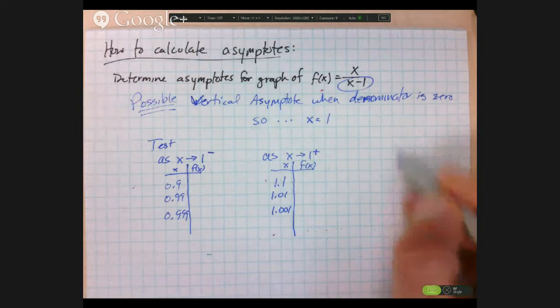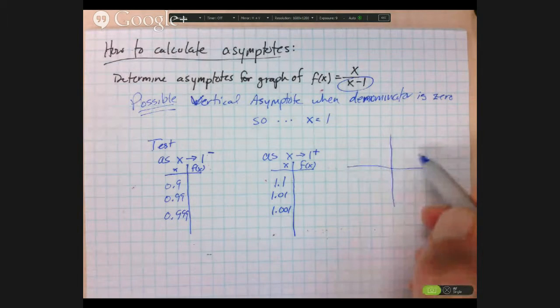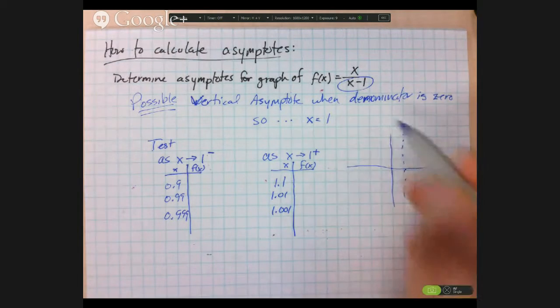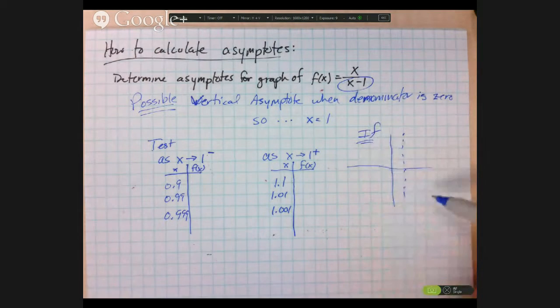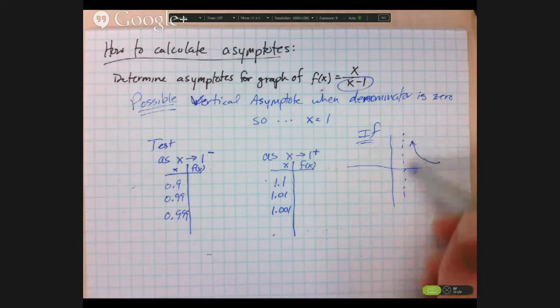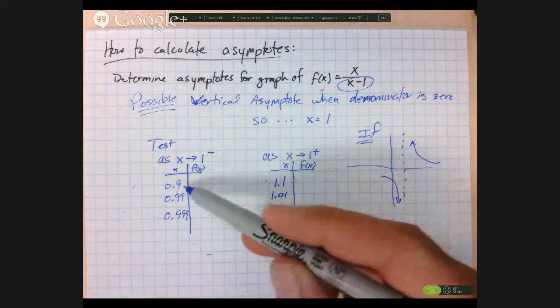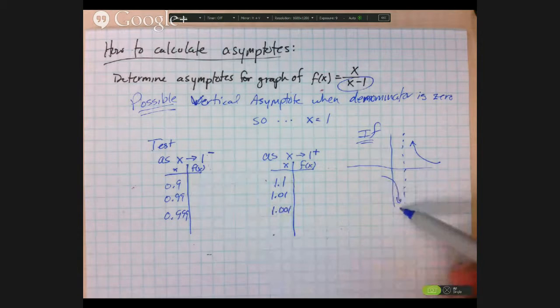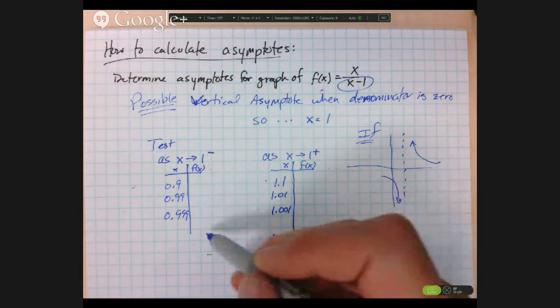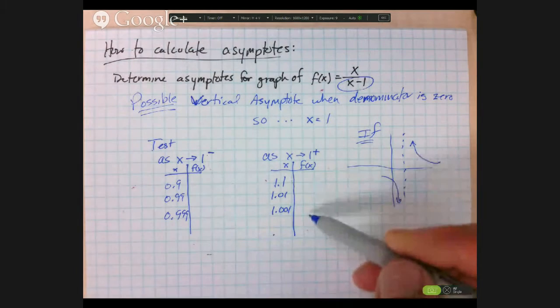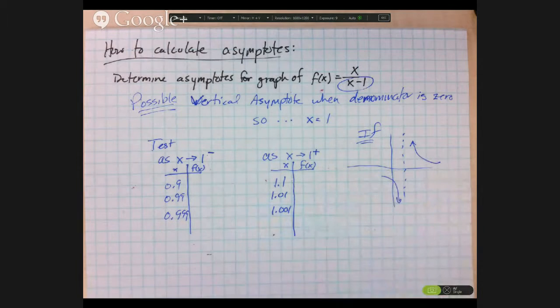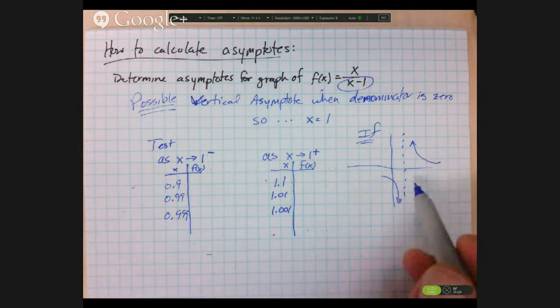We're checking, so if, and this is a big if, there's a vertical asymptote at 1, we're looking for, as we come from the left, probably going to approach negative infinity. And from the right, probably going to approach infinity. They're going to 2 different spots. This is what we're looking for.